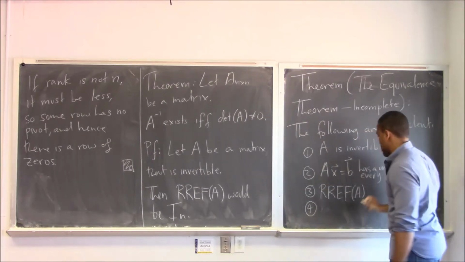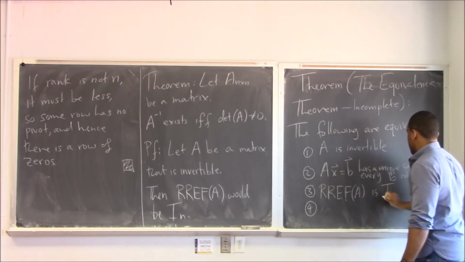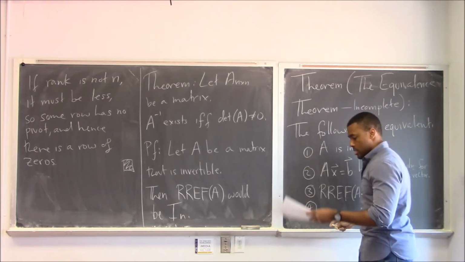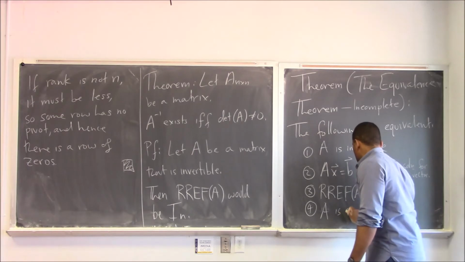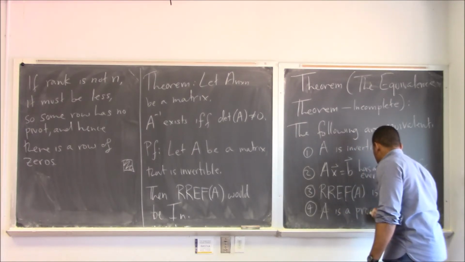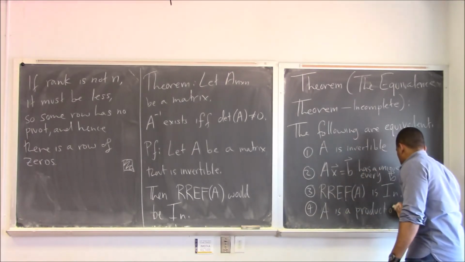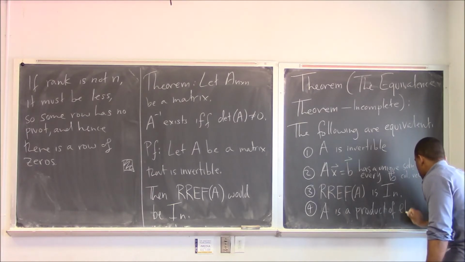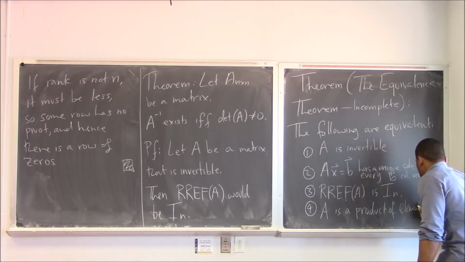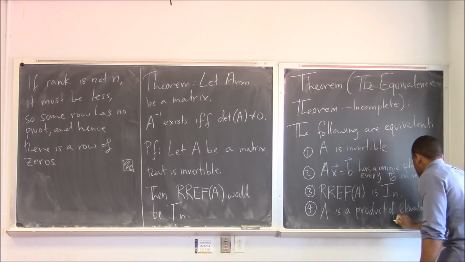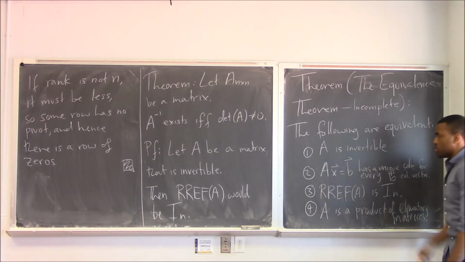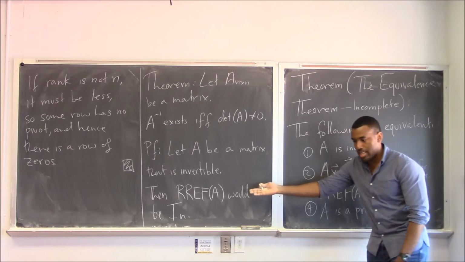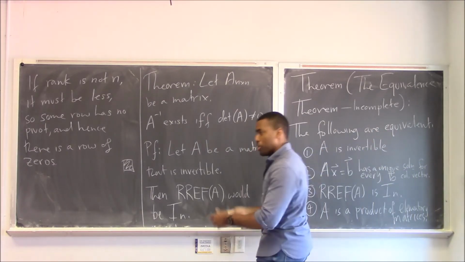It's going to make me say that. And last one, 4, A is a product of elementary matrices. Right. So when I prove this, I'll be able to state that sentence, and no one's going to be like, why is that?